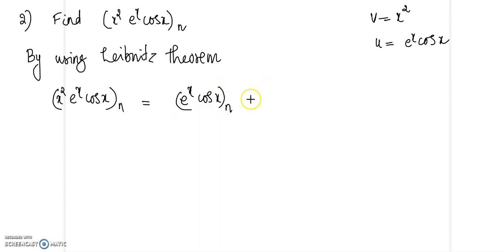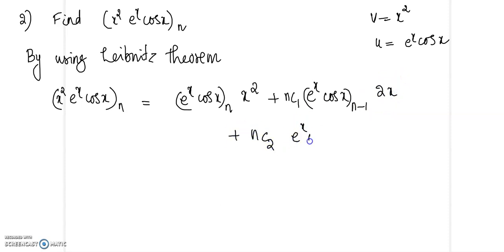So un into v is x square plus e raised to x, so nc1 e raised to x cos x n minus 1 into 2x വരും plus nc2 e raised to x cos x n minus 2 into 2. So we need to now substitute the values of the nth derivative e raised to x cos x, n minus 1 derivative and n minus 2 derivative of e raised to x cos x.